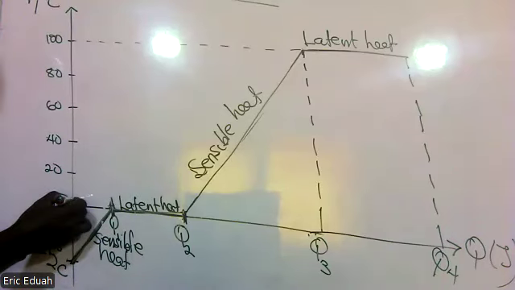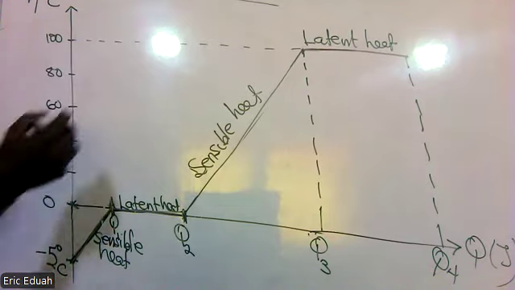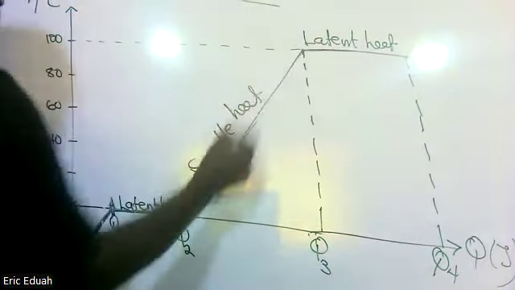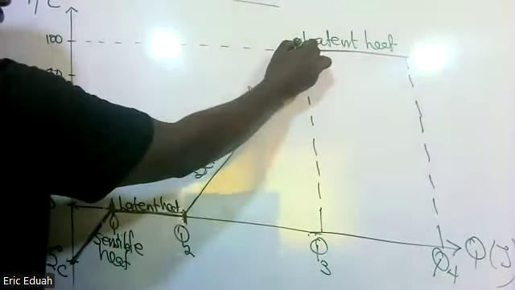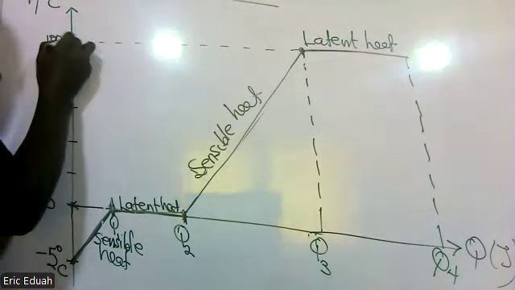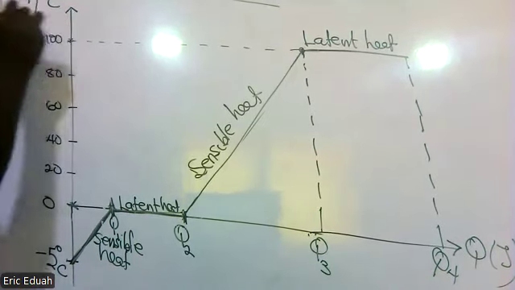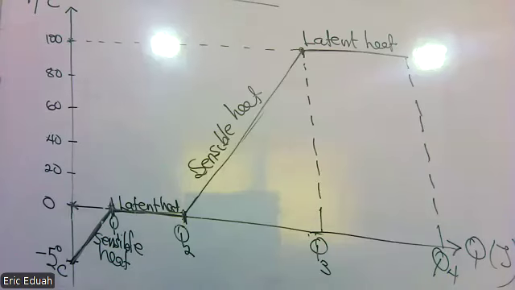So this temperature gives you the melting point of ice. Another change of state is at this point. This temperature also gives you the boiling point of water. So you can use a cooling or heating curve to deduce the melting point, freezing point, and the boiling point of substances.